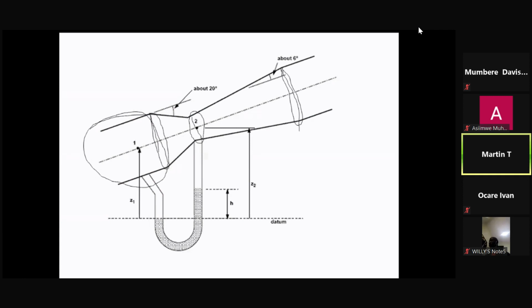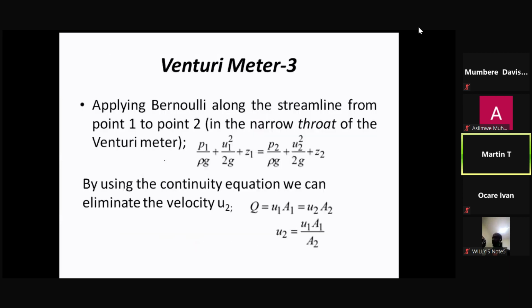We are interested in the velocity at point 1, because it is the velocity at a cross section of the pipe, or the duct, carrying the fluid whose velocity or discharge we want to determine. So we substitute to remove U2, so that we don't get another problem of trying to compute U2, yet it's not our primary objective.